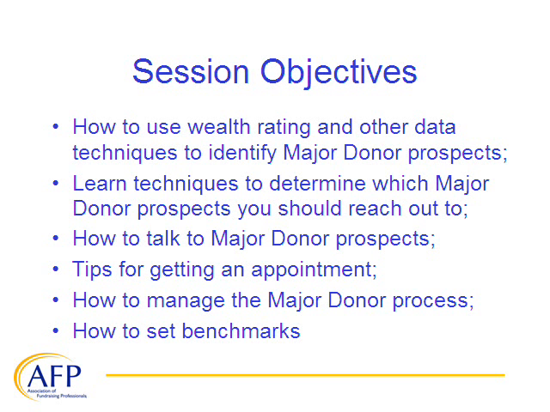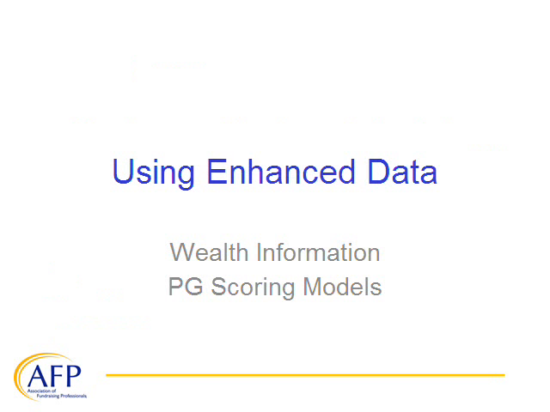There'll be plenty of time for questions, both in my presentation and in Phil's presentation, and then at the end of the web conference. We want to start with looking at using enhanced data. We all have data in our file, but there are enhanced data services that we can use, and we want to cover wealth information and also some scoring models.